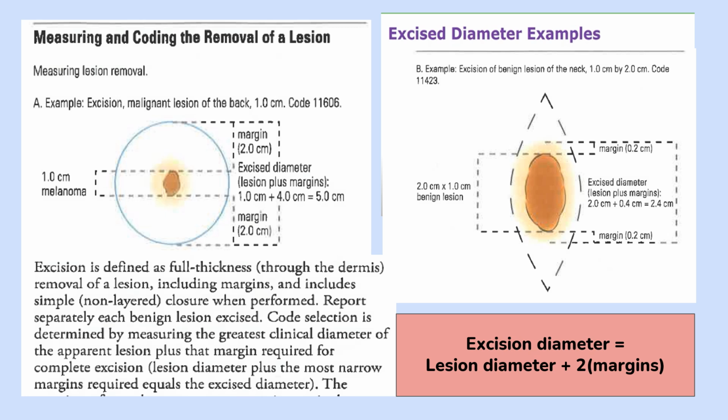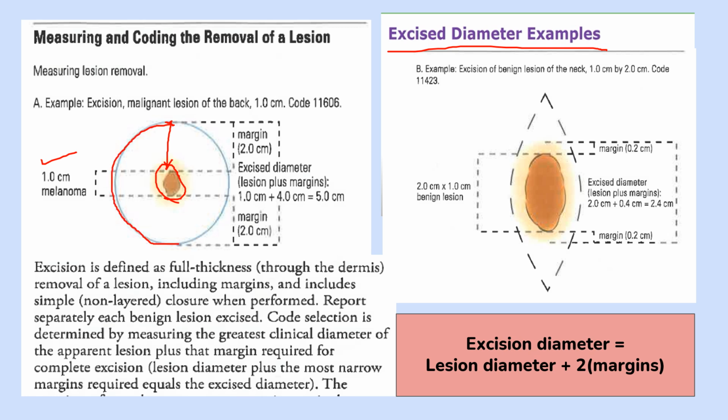So here in this case, whenever we are talking about the excised diameter, how do I calculate that excised diameter? Here, if you see, the lesion is only 1 centimeter. This is the diameter of the lesion. But whenever I am cutting this particular lesion, I leave 2 centimeter of normal tissue on both sides, and then I create a cut.